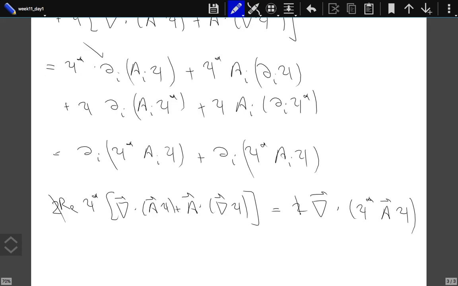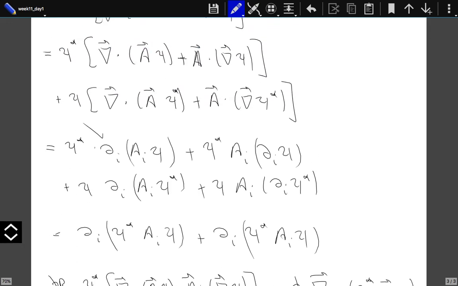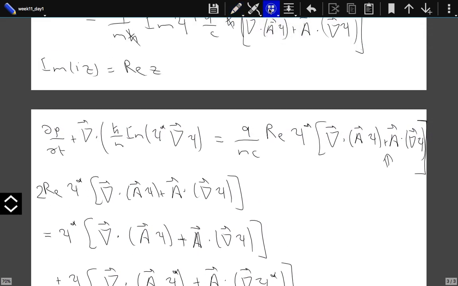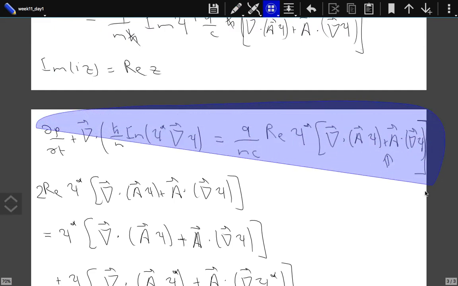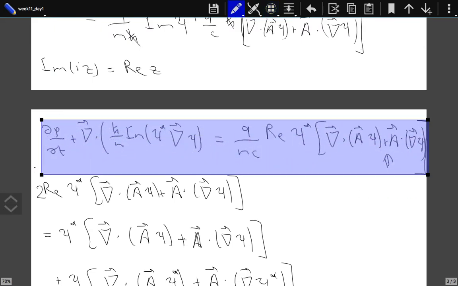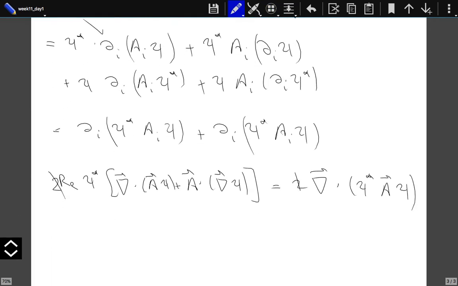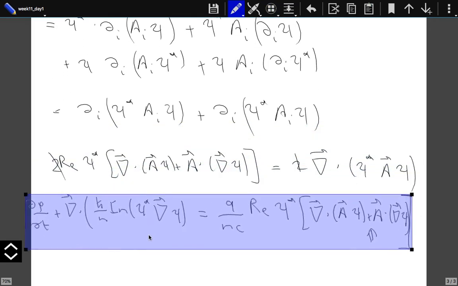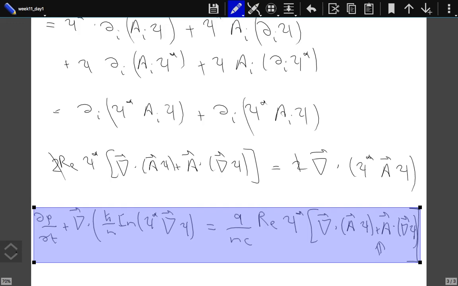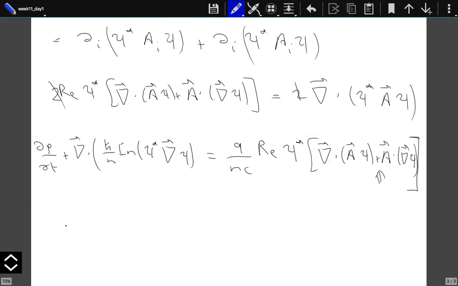So the 2's also cancel. Now let's go back to my previous expression. This is equal to q over mc times the divergence of psi star A psi.